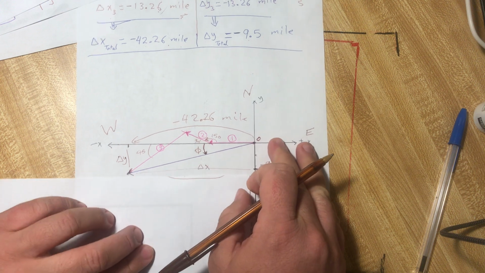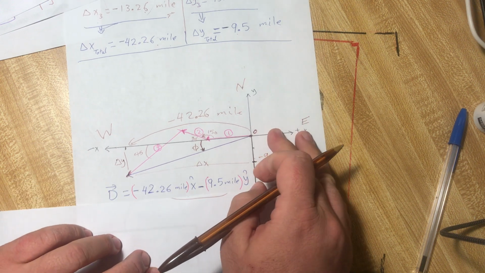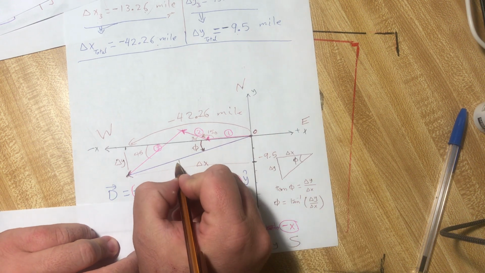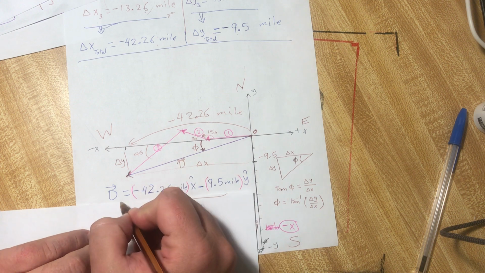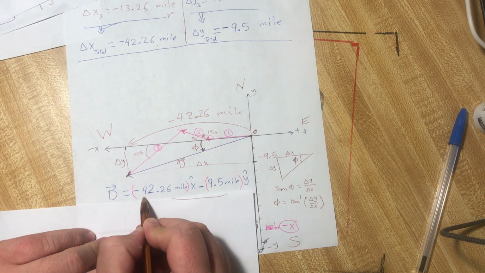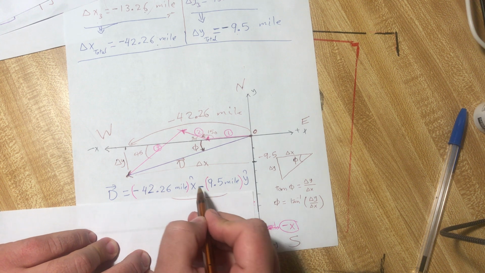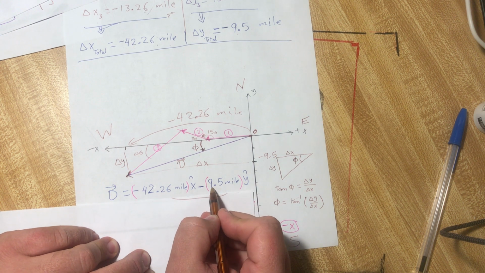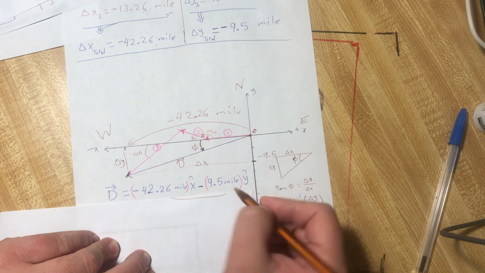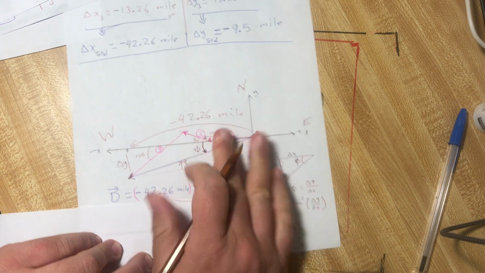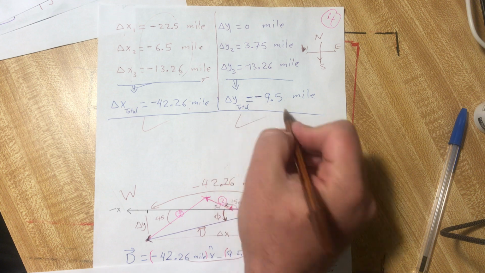And I can compute this. The total displacement, I name it D capital, is negative 42.26 miles in the x direction, and negative 9.5 in the y direction, which are the same total quantities here.